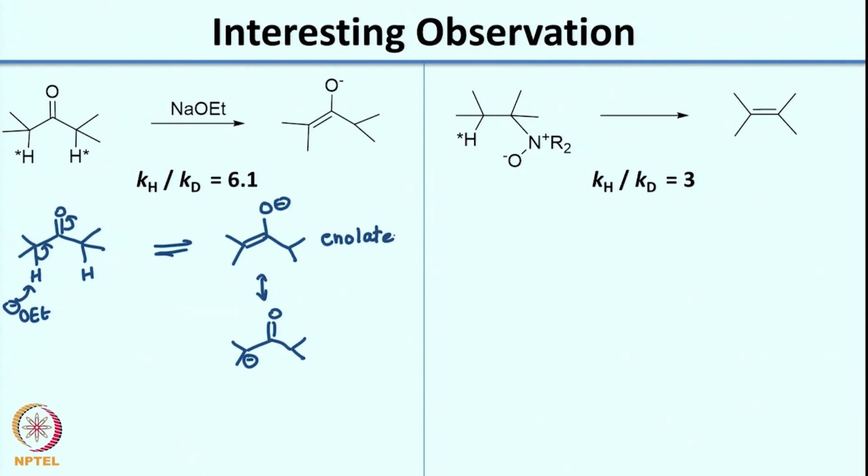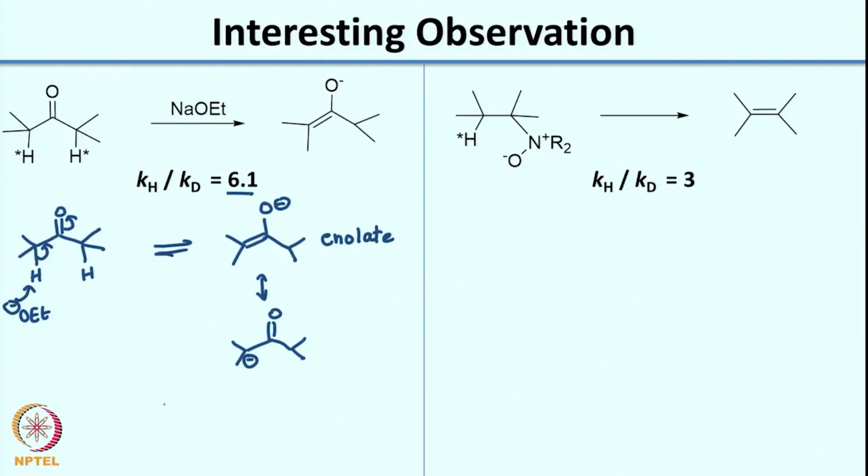So now when you look at formation of this enolate, what you would see here is you have the CH bond breaking in the rate determining step, and probably you have quite a symmetric transition state. So your Kh over Kd is 6.1. So it is a primary kinetic isotope effect.